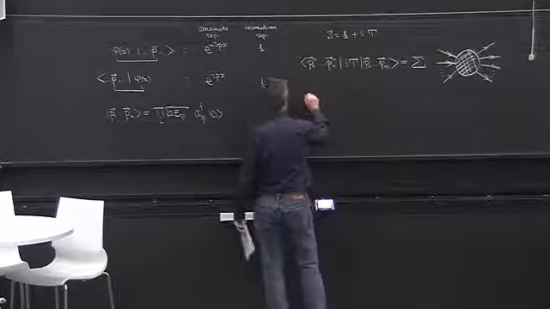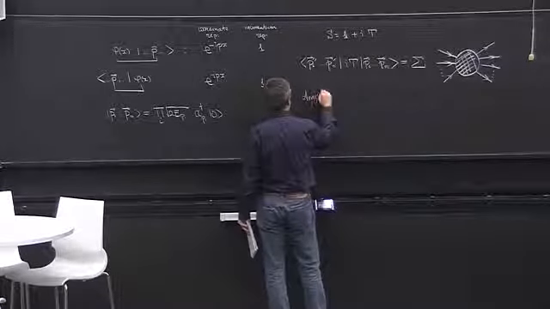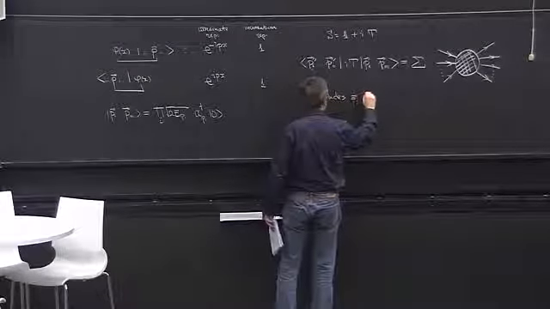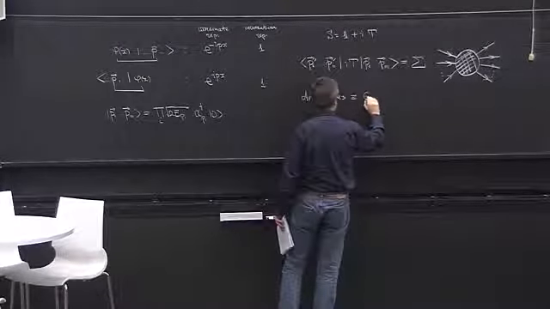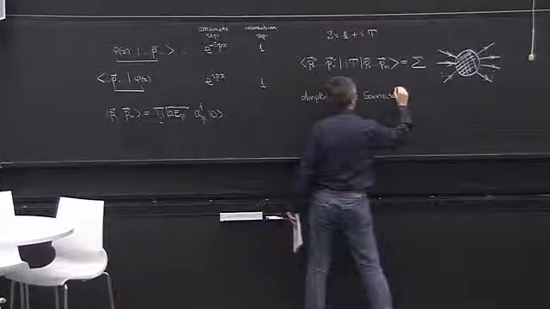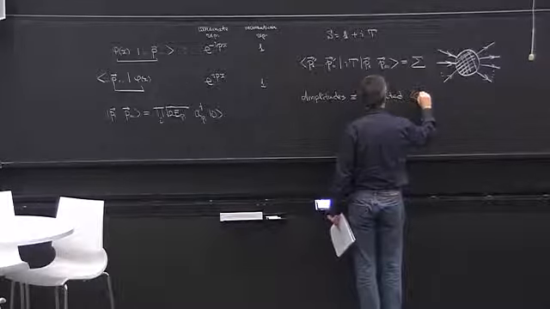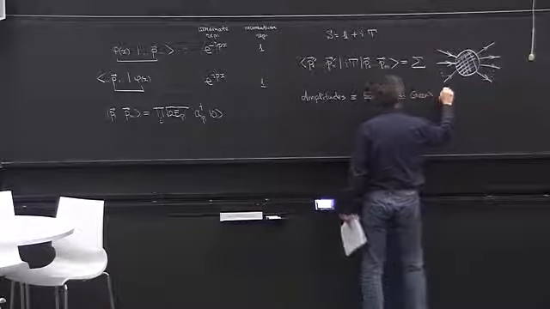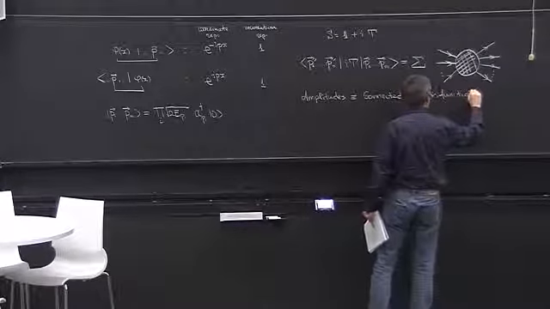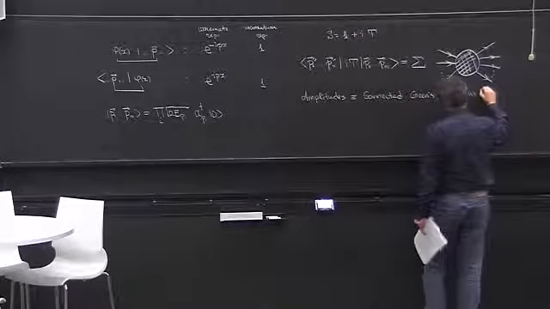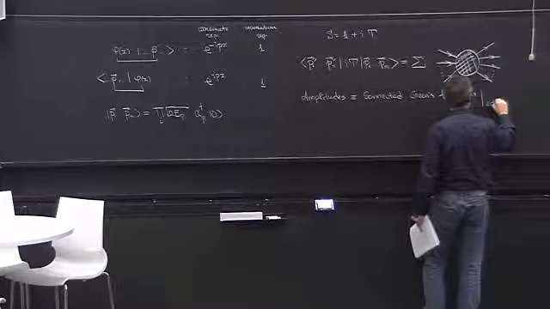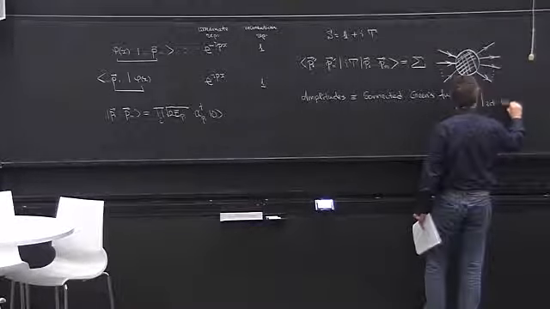So in a sense, amplitudes are equal to the connected part of the Green's function with external legs amputated.